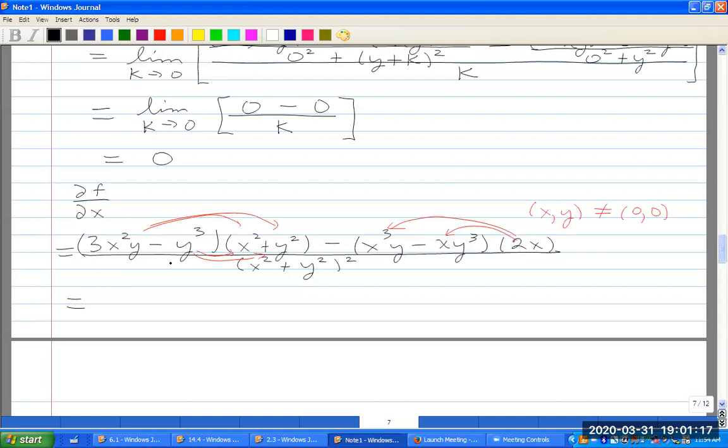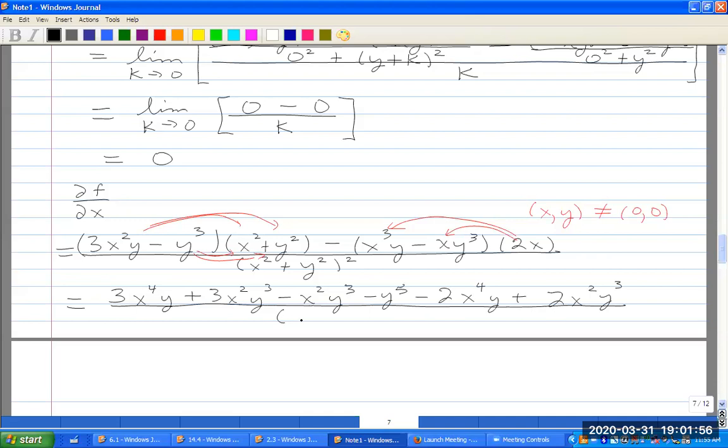Okay, so this is equal to 3x^4 y plus 3x^2 y^3 minus x^2 y^3 minus y^5, and multiplying everything by minus 2x, minus 2x^4 y plus 2x^2 y^3, over x squared plus y squared, to the fourth, squared.